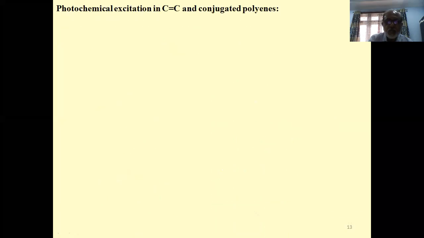Okay. Now we start here today. This was not there last class. We did not do this. Photochemical excitation in carbon-carbon double bond and conjugated polyenes. That means it is the pi-pi transition that we are talking of.